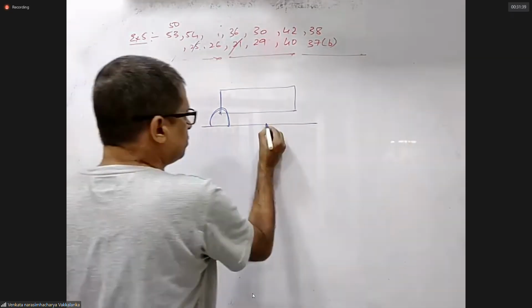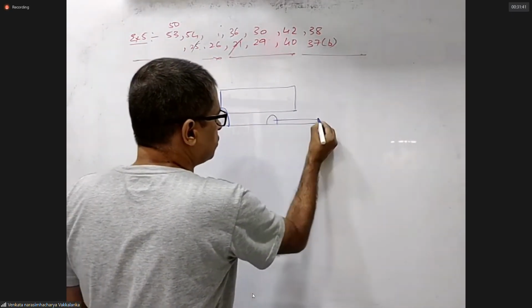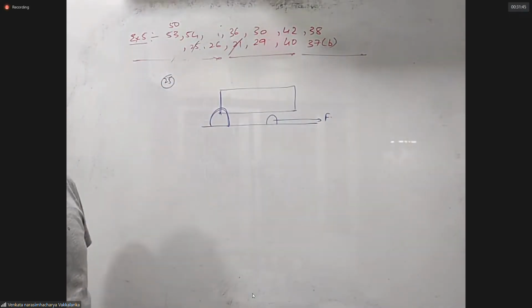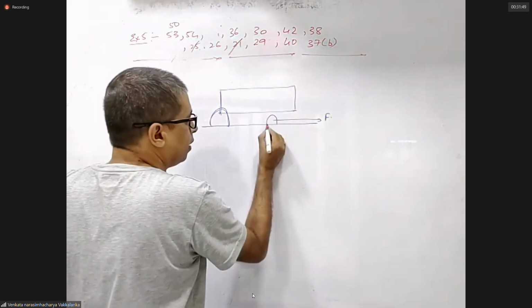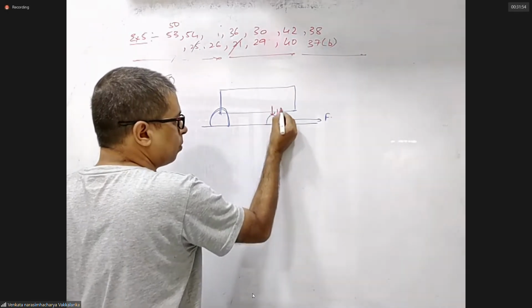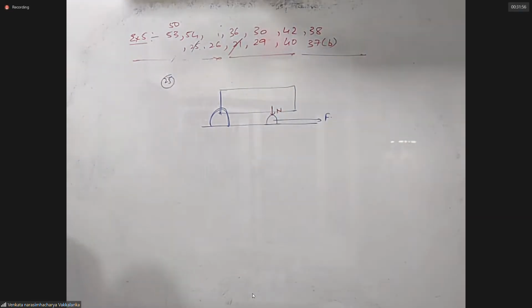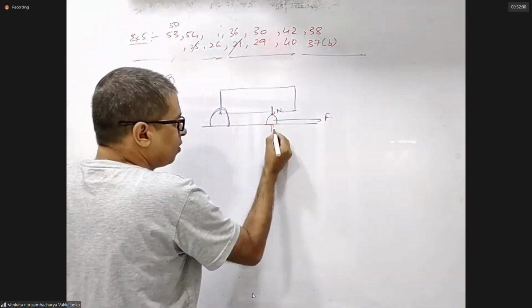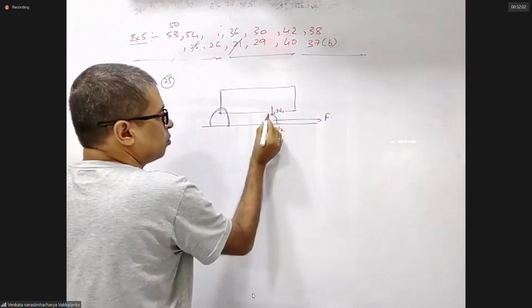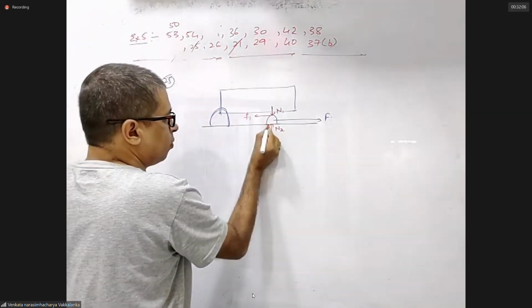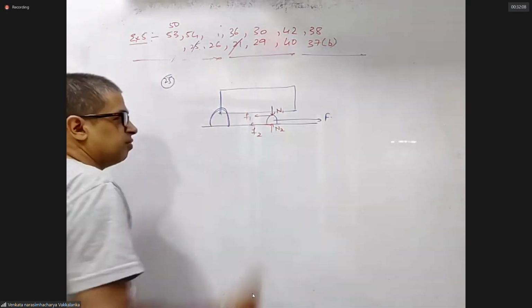Now what happens is, this is being pulled with a force of F. Now here, because of this, I will take a normal force of N1. Because of this, I will take a normal force of N2. When I am pulling this, I will have frictional force of F1 here, frictional force of F2.